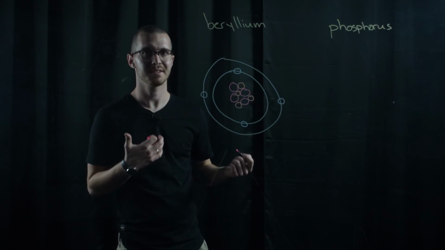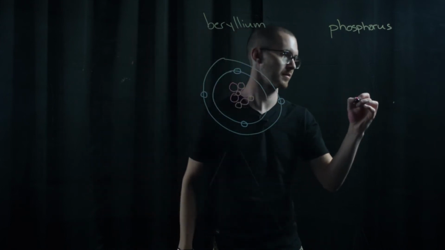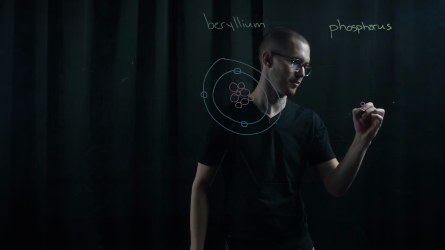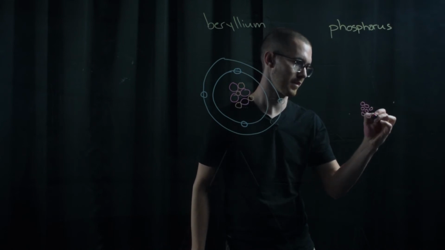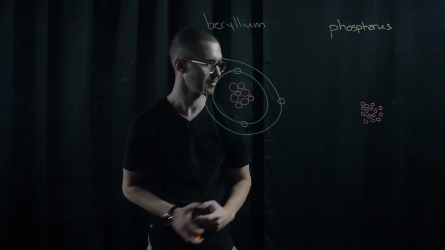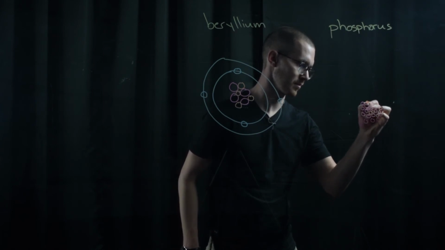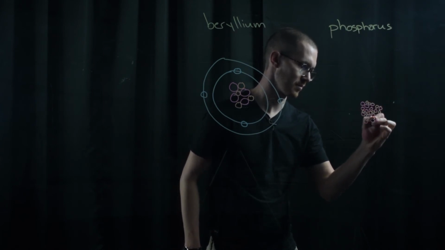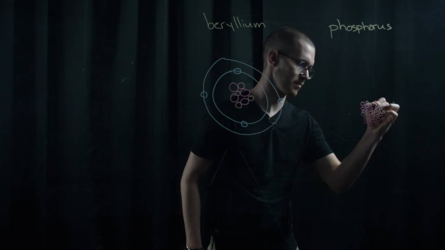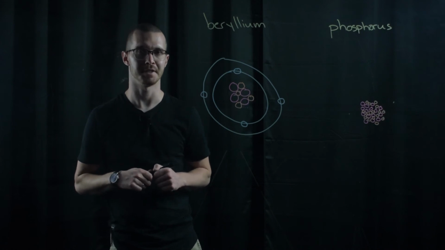Now, phosphorus has 15 protons and 15 neutrons. So that means that phosphorus is going to have 15 electrons.